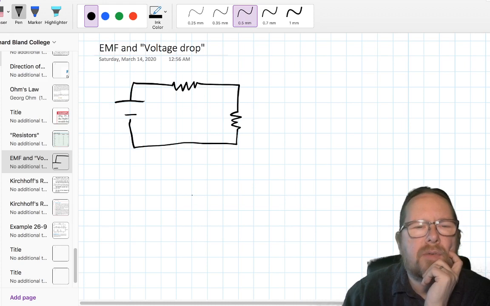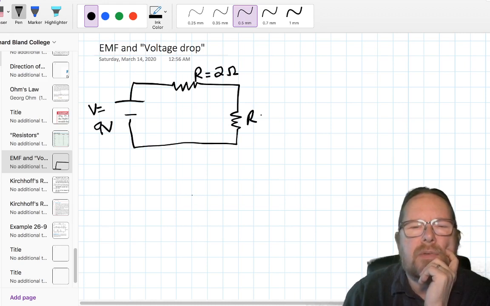Let's say this has a voltage of 9 volts, and this has a resistance of 2 ohms, and this has a resistance of 1 ohm.